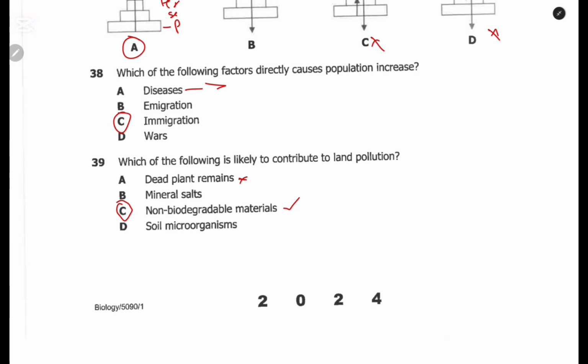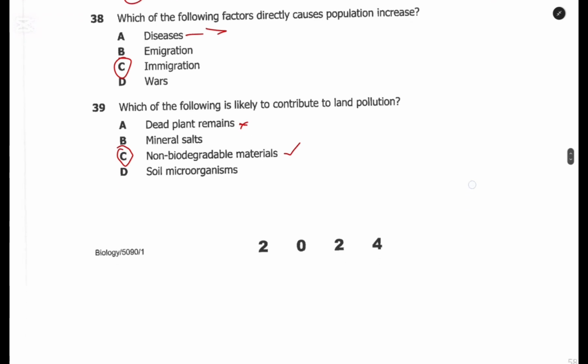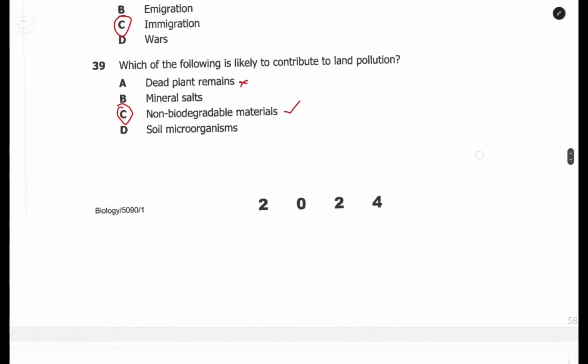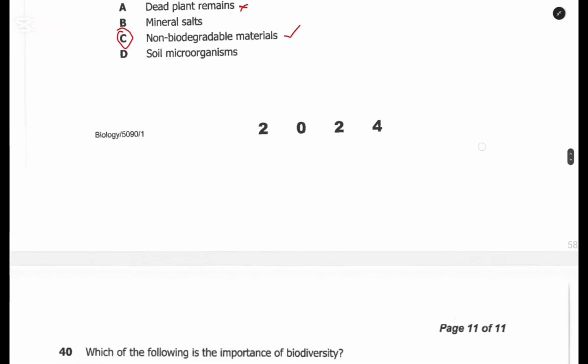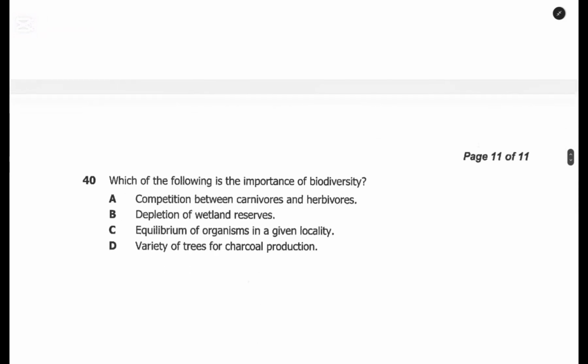In short, they cannot decay. Example, plastics. Plastics can take years and years. They are still there. They do not decompose. So therefore, they can cause land pollution. Microorganisms, in short, contribute to soil fertility. So the one that causes land pollution is non-biodegradable materials.